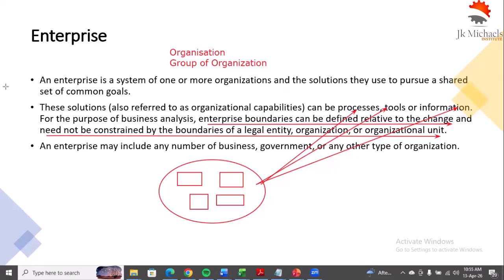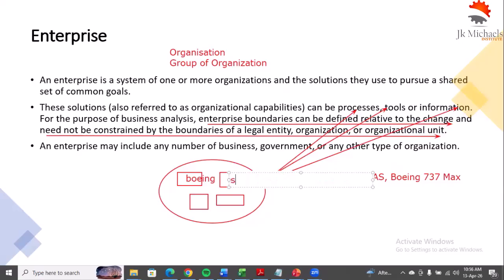So let's assume, remember when Boeing was building the MCAS, or building the Boeing 737 MAX, that was the ill-fated plane that brought down a lot of people in 2018, 2019. Now, of course, the Boeing organization is going to be one of the organizations working in the enterprise to roll this out.